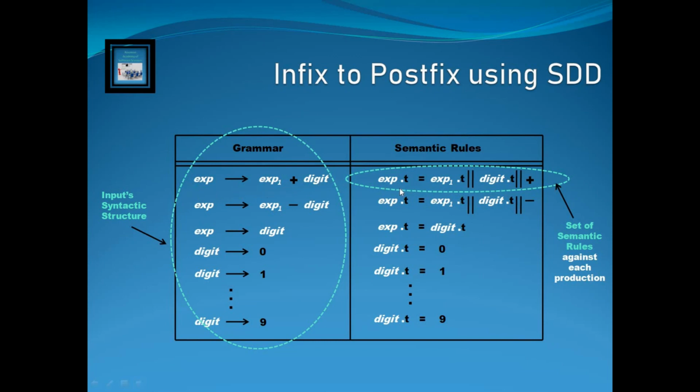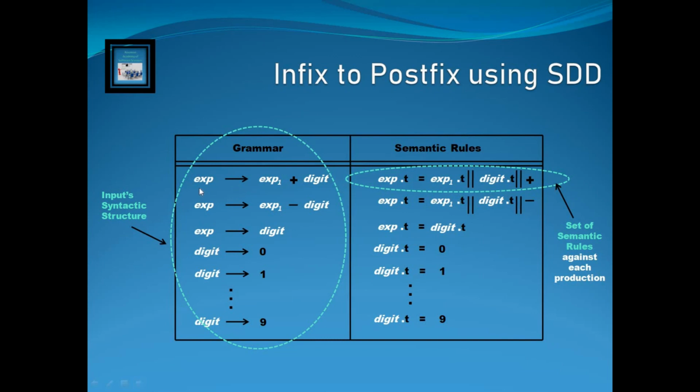Here only one rule is given, because we have to evaluate the postfix form, which is just one thing, so we just have to give through semantic rules how to evaluate the postfix form for a particular infix form.